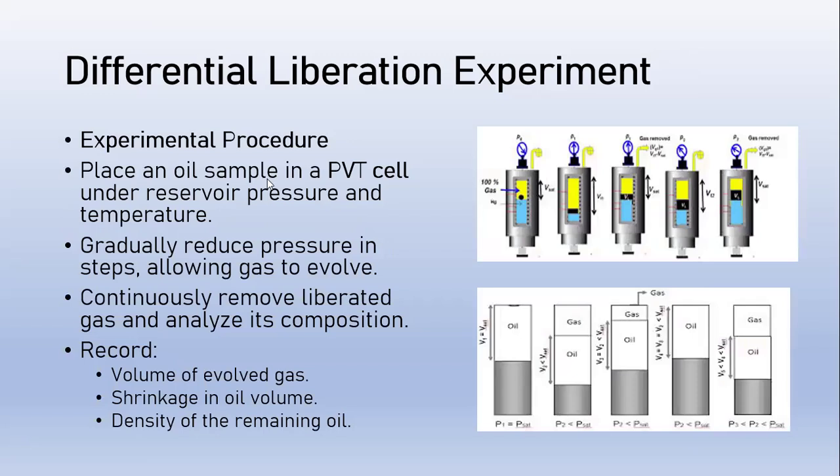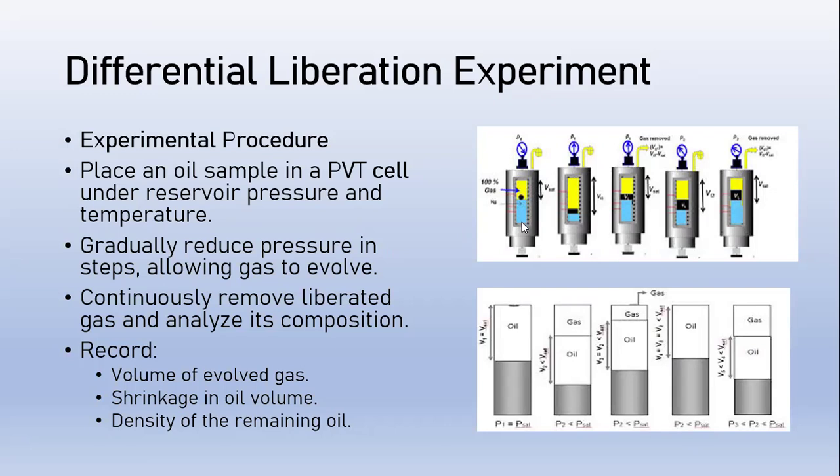The experimental procedure is also close to that of CCE, but not 100% the same. The difference is that when gas liberates, you take your readings for the respective properties for both the oil and the gas that liberates. No, sorry, let me not mix things up.